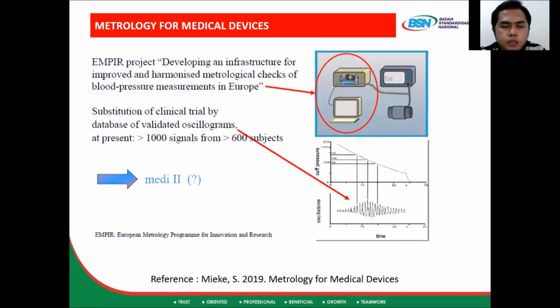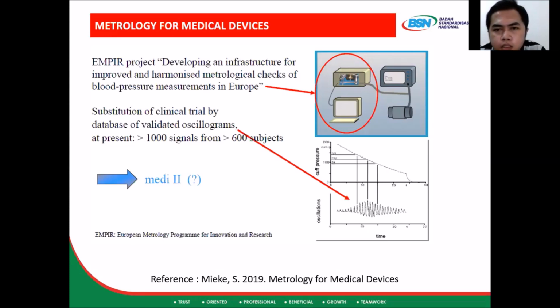In the PTB, in the EURAMET, there are projects to develop the infrastructure for blood pressure measurement in Europe.